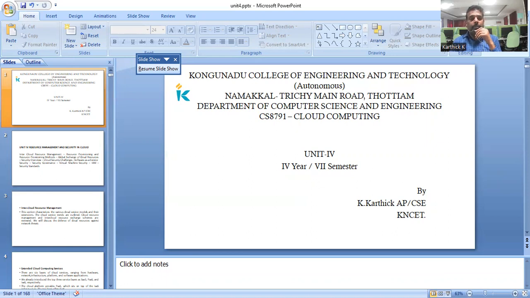How are the resources equally distributed over all the users globally? This has to be kept in mind during the development of cloud computing from the starting stage.